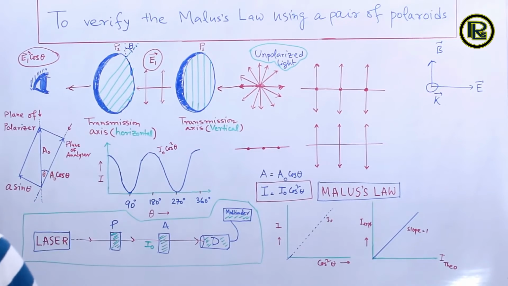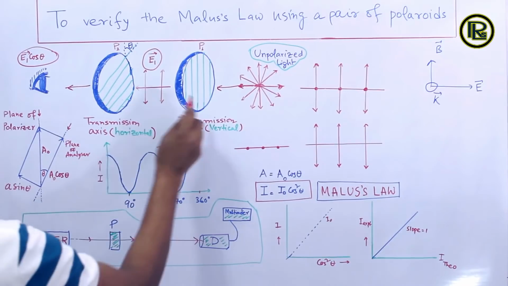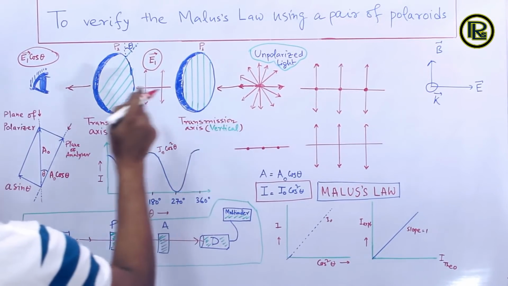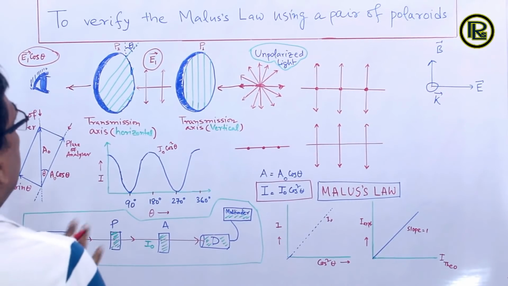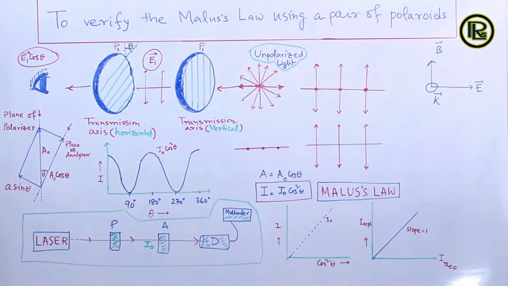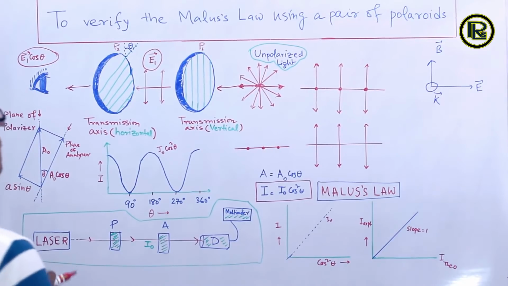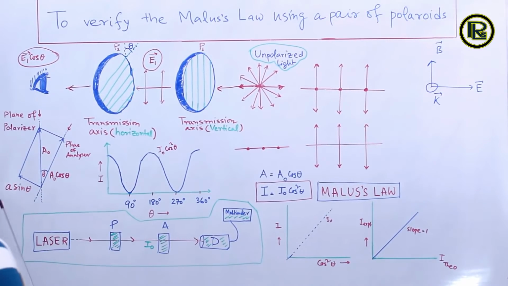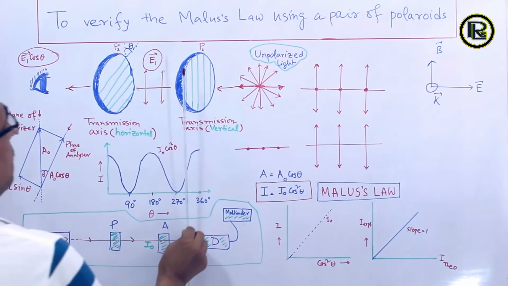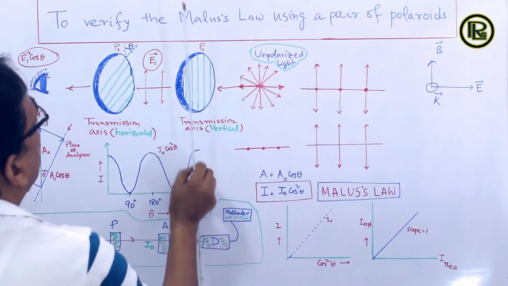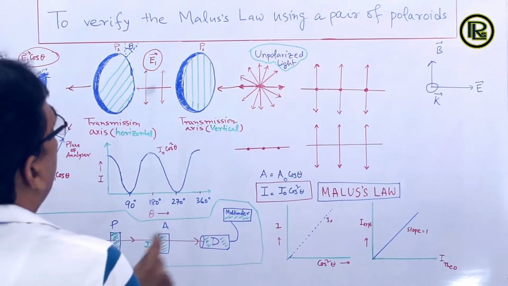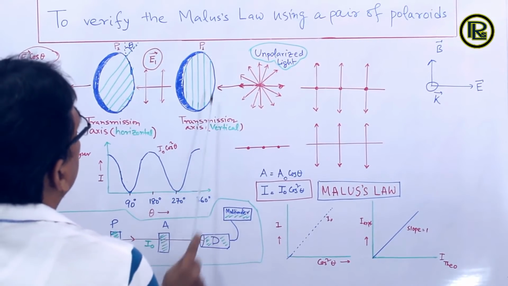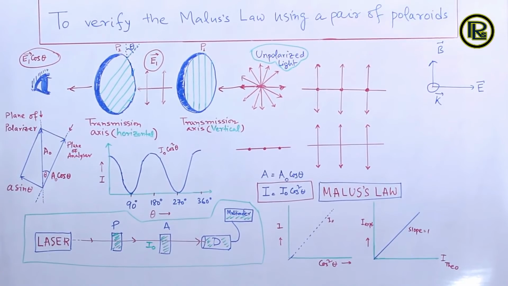So this is called the analyzer. So this one is the polarizer and this one is the analyzer for me. Both are Polaroids having an optic axis. An optic axis is not a particular direction, it is a plane. So all the lines are in a plane, and that plane is the plane of transmission.